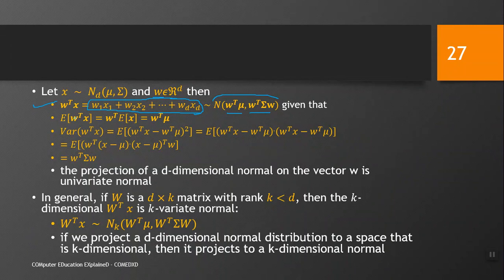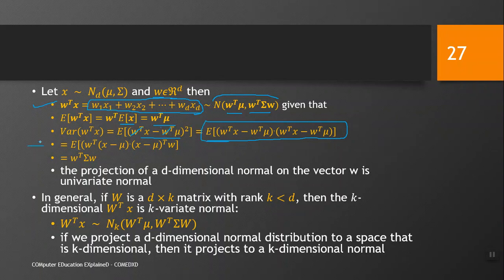Expected value of w^T x is equal to w^T E[x], where E[x] is mu, so we write w^T mu, and variance of w^T x is given as the expectation of (w^T x minus w^T mu) squared, because we know that if we take out this w^T, this is the formula of the variance, we have just introduced w^T with it, and applying the expected value on it and expanding, we get this value, right?